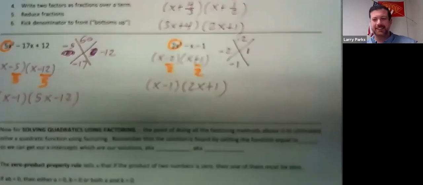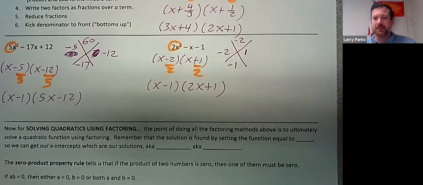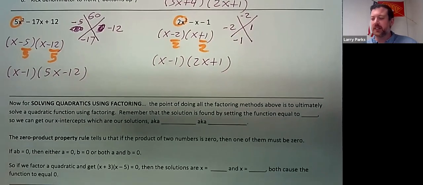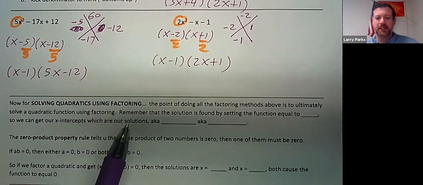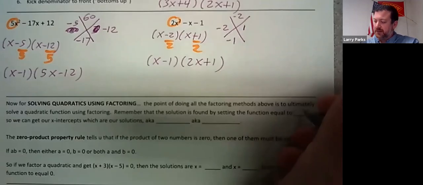Okay, so now that we spent half our time reviewing how to factor, why are we doing all of this? The point of doing all of this is so that we could solve a quadratic by factoring. Keep in mind there are other methods besides factoring, but usually factoring is the most efficient. And remember that the solution is found by setting the function equal to 0.